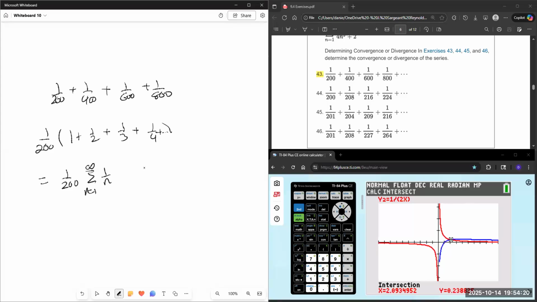So this is a divergent p-series. The constant multiple doesn't matter. So this diverges.